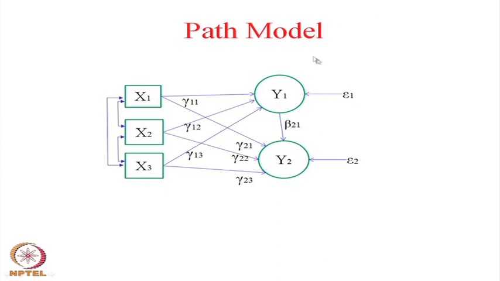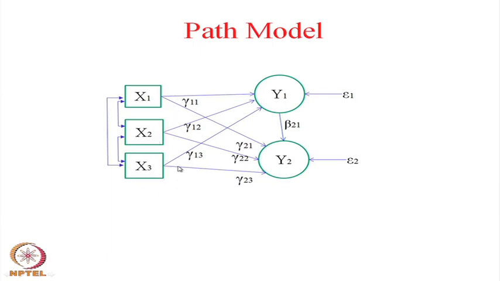But in the path model, you are considering that x1, x2, as well as x2, x3 or x1, x3, can co-vary. And in addition, y2 can be affected by y1 also, in addition to the effect of x1, x2, x3.